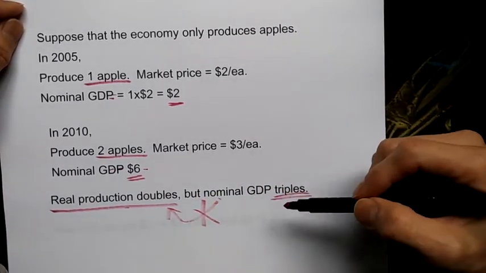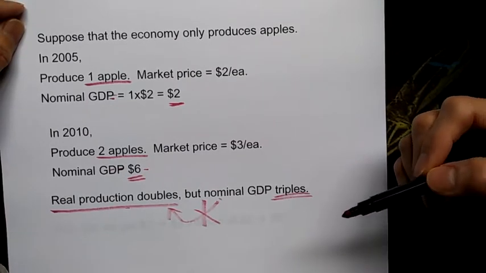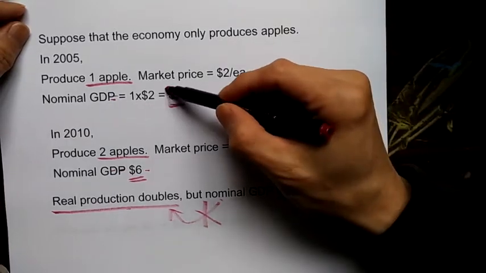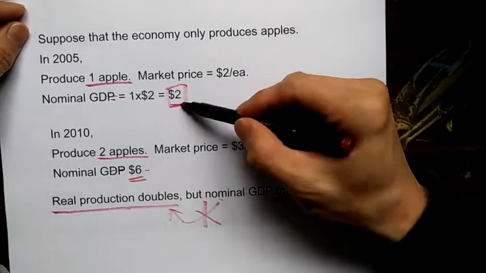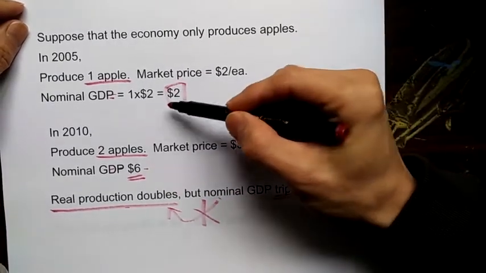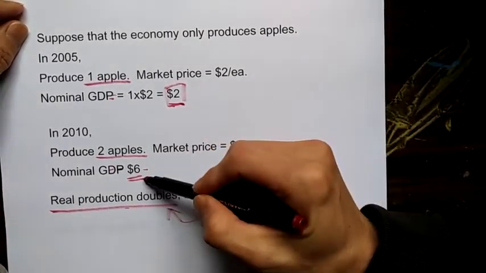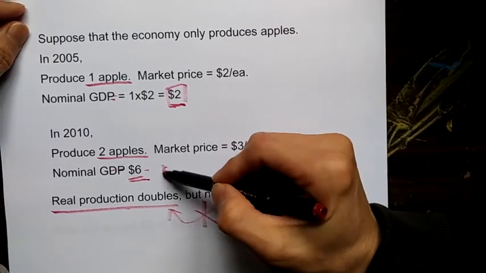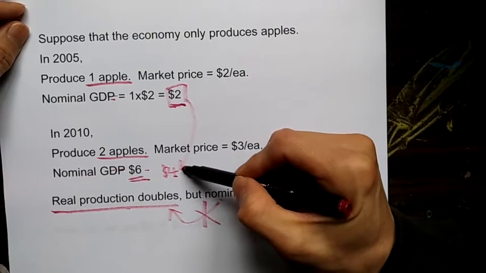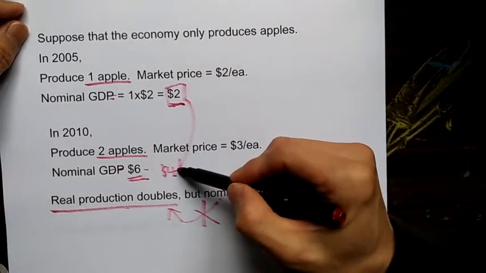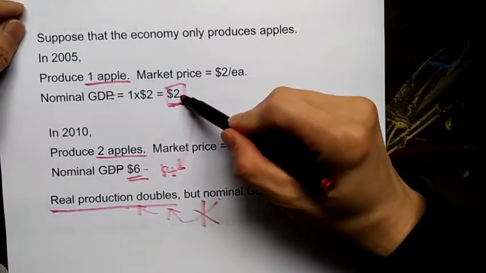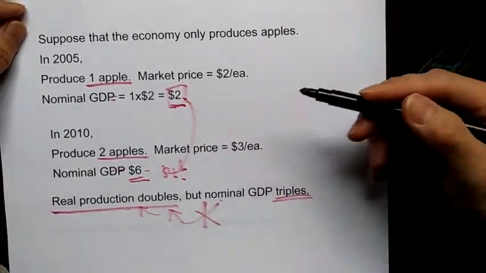Then, what can we do to measure the real production? That is, we don't want the number to go from $2 to $6. We want the number to go from $2 to $4. So that is doubled. So we can use it to measure the real production. So we want the number to go from $2 to $4.